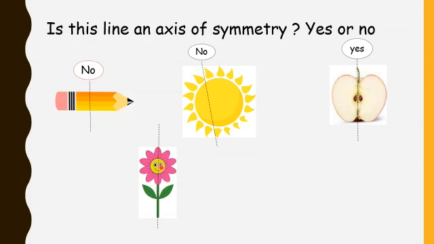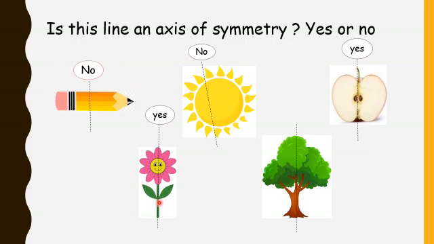Here we have an eye, and here we have an eye. Here we have a leaf, and here we have a leaf. And finally, this tree and this line. This line does not cut the tree into two equal and identical parts. So, no, it's not an axis of symmetry.